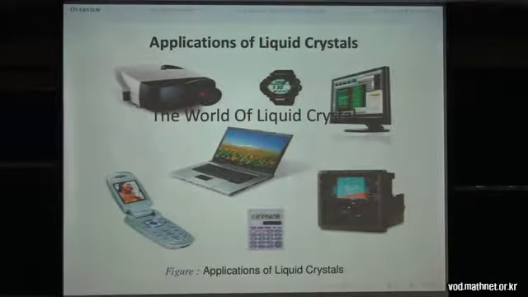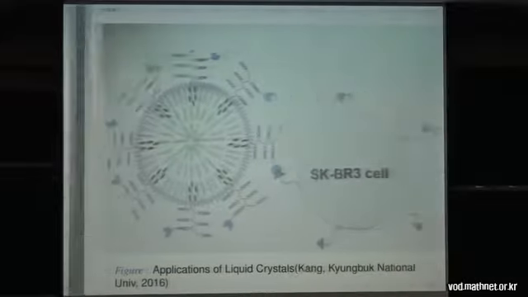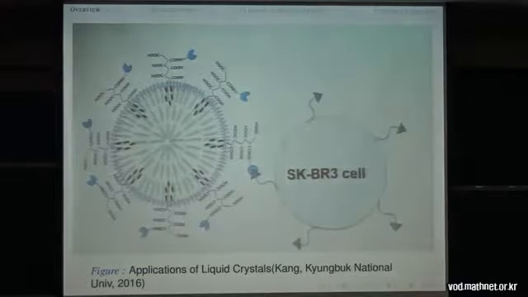So here are the most useful applications of liquid crystals. You have cell phones, laptop screens, and some displays. And recently I also attended some chemistry workshops, and these are actually the phases of liquid crystal.